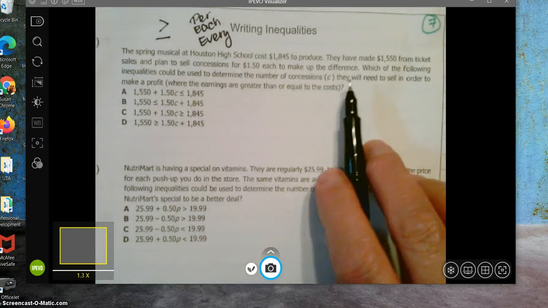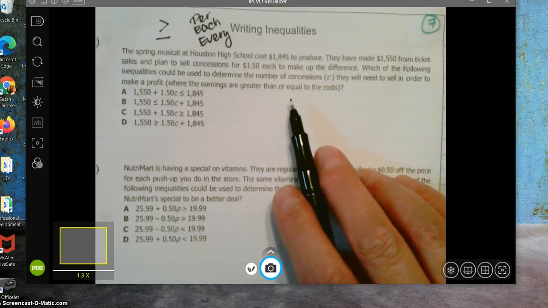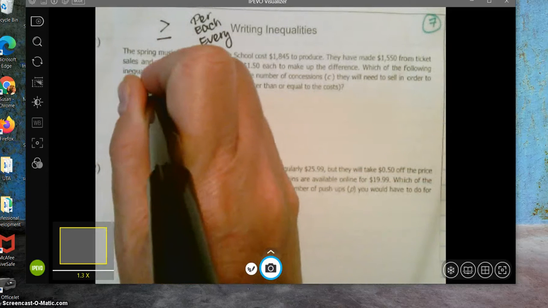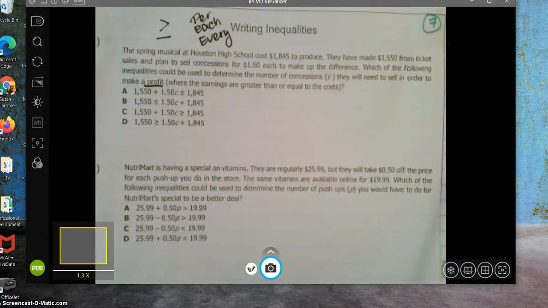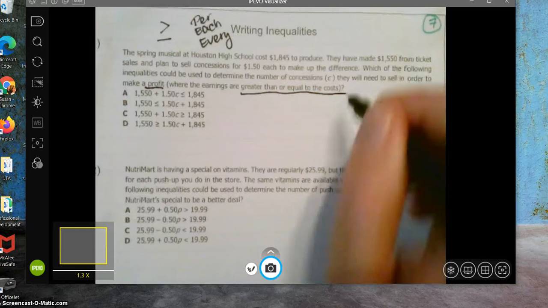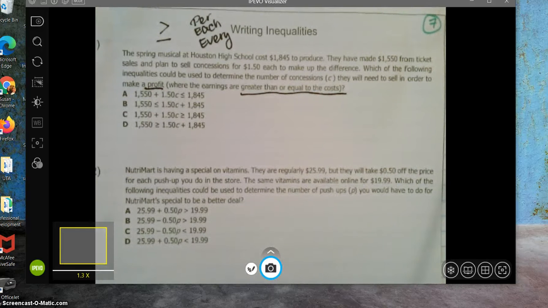Which of the following inequalities could be used to determine the number of concessions they will need to sell in order to make a profit where the earnings are greater than or equal to the cost? So greater than or equal to.